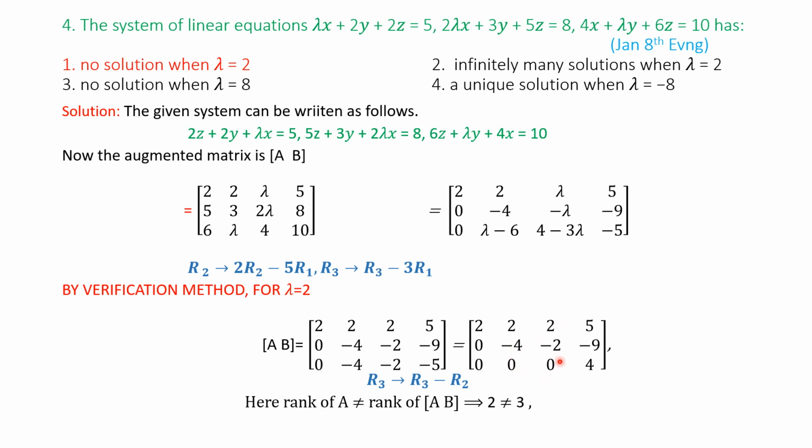So rank of coefficient matrix equals 2 and rank of augmented matrix equals 3. Therefore 2 is not equal to 3. Therefore the system is inconsistent for lambda equal to 2. Therefore, no solution when lambda equal to 2 for this system.